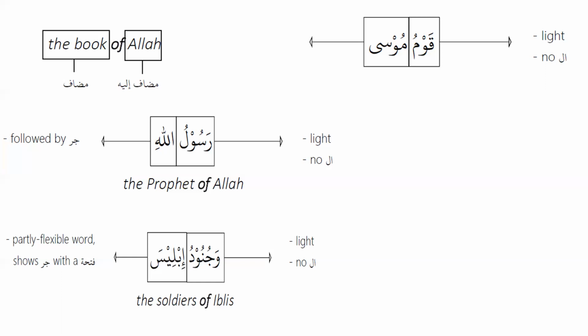It says that if the word after 'of', meaning the mudaf ilay, is proper, the mudaf is also considered proper. Look at the example Rasulullahi. What does the English translation say? The prophet of Allah, the soldier of Allah. Where is the 'the' coming from? We say the mudaf cannot have al, and there is no al because the word after 'of', which is the mudaf ilay, is proper. Is the word Allah proper?